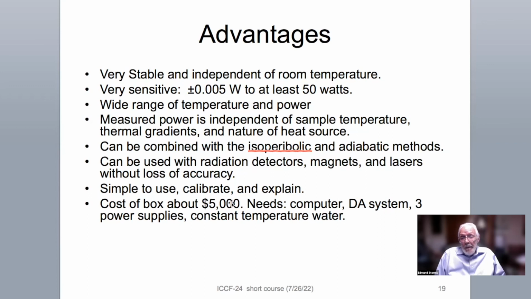It's not as sensitive nor as accurate as the Seebeck, but if you're making large amounts of power, it becomes a very nice method of duplicating the value. It can be used with radiation detectors, magnets, lasers, all without the loss of accuracy. Anything can be put inside without affecting how the calorimeter works. It's simple to use, to calibrate, and to explain.